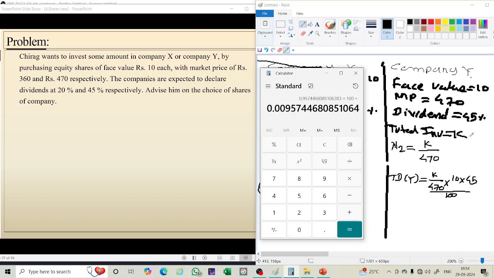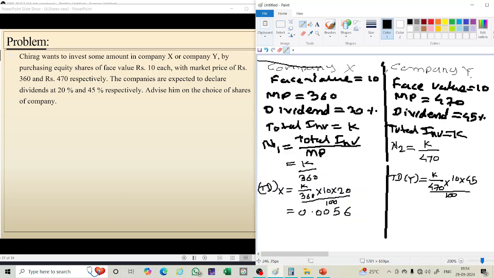From this we get 0.00957. Now you can observe here total dividend is into K, because this K we have not used anywhere. This is our total investment, here also into K.